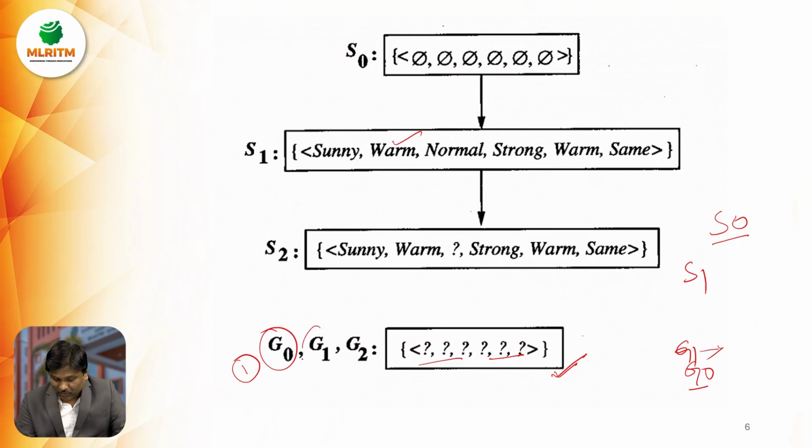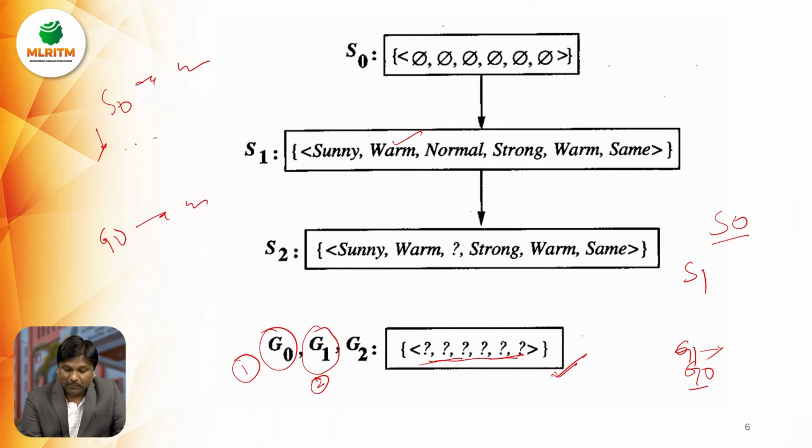So for this condition I note down the same, more general value. Do you get my point? Initially, I start with S naught and G naught. This is most specific and this is most general. Coming to the positive example, all my S instances are updated. And coming to G1, for this positive example, I get the same values.